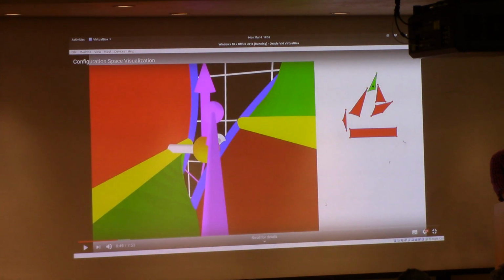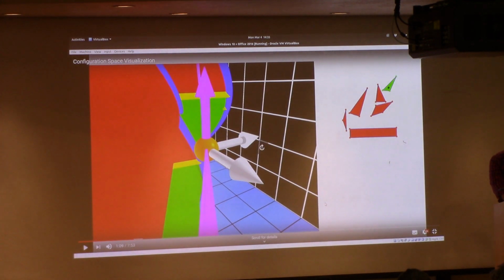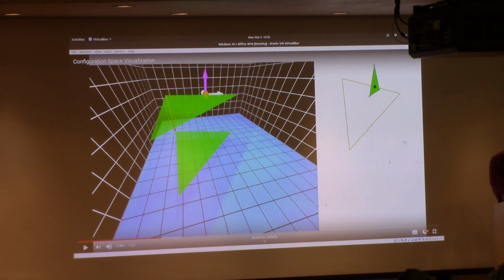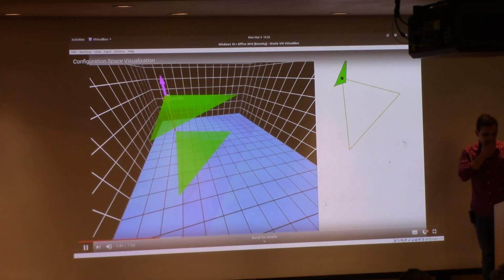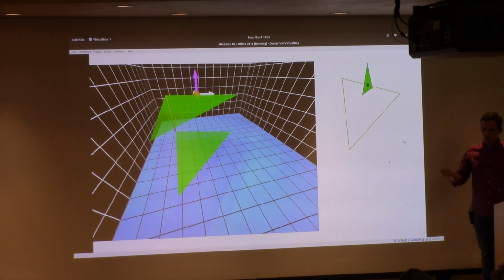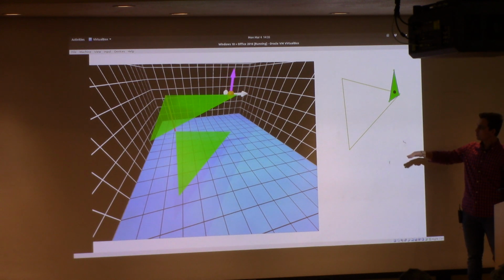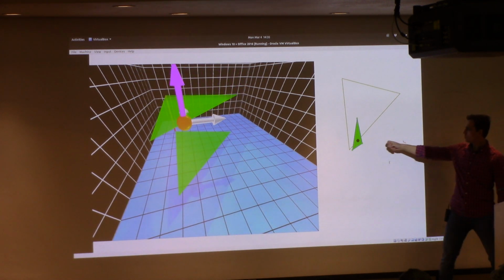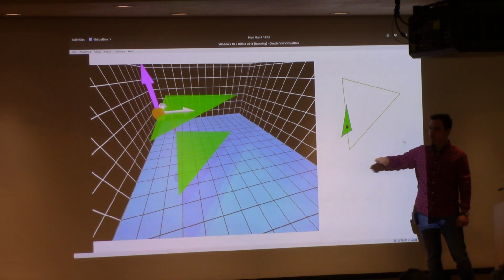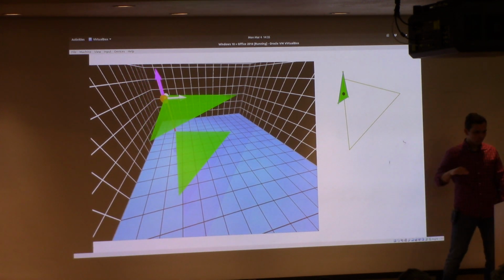Let me just jump back. Okay. So here we can see that whenever we rotate the robot, we move up or down on the z-axis, and while we're doing translations, we're moving on the x or the y plane.